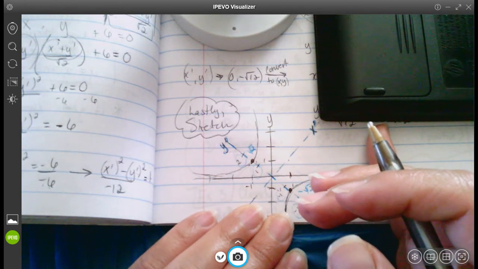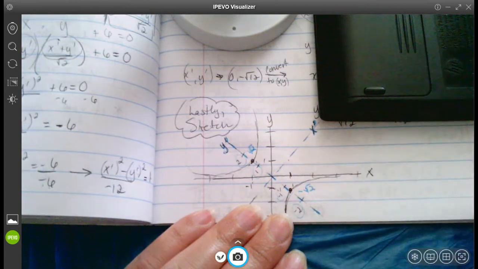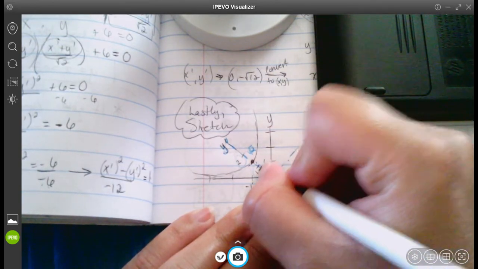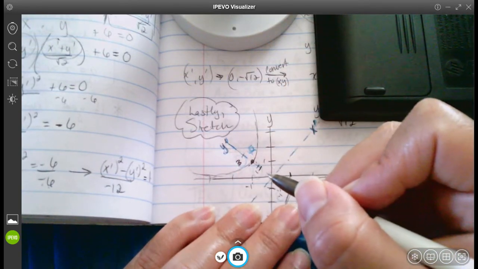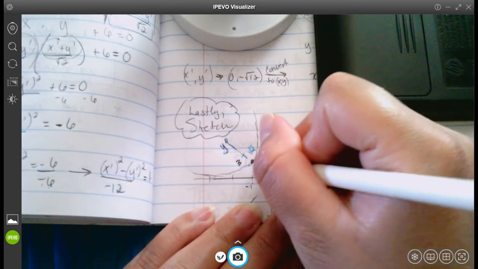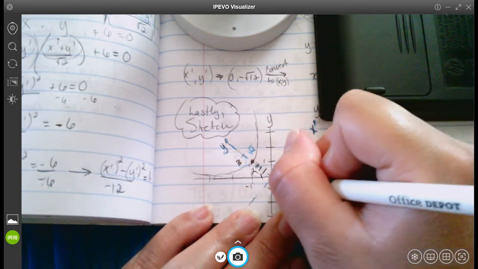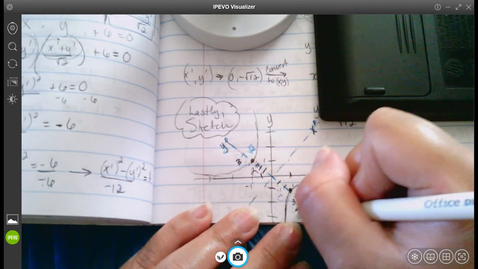Actually, let me think. The square root of 12 is about 3. Oh, I'm a little bit off here. Let's just change this to a 3, because the square root of 12 is a little bit over 3. So we'll say this is 2, and this right here is 1. Yeah, there we go. That looks a little bit better. So ignore those.